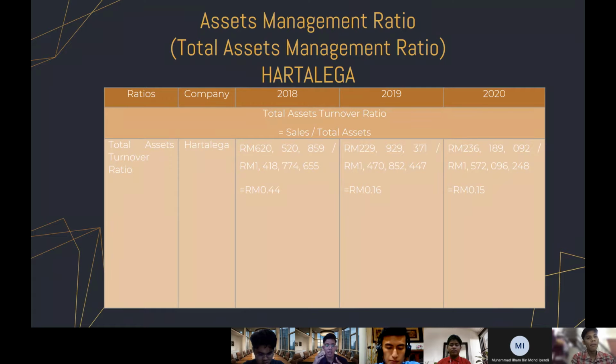This means in 2018 Hartalega only generated 44 cents. That shows that Hartalega is not very efficient with its use of assets. However, from year to year, the ratio depleted until 0.50 in 2020. To improve this, the company needs to increase sales to get a better ratio.